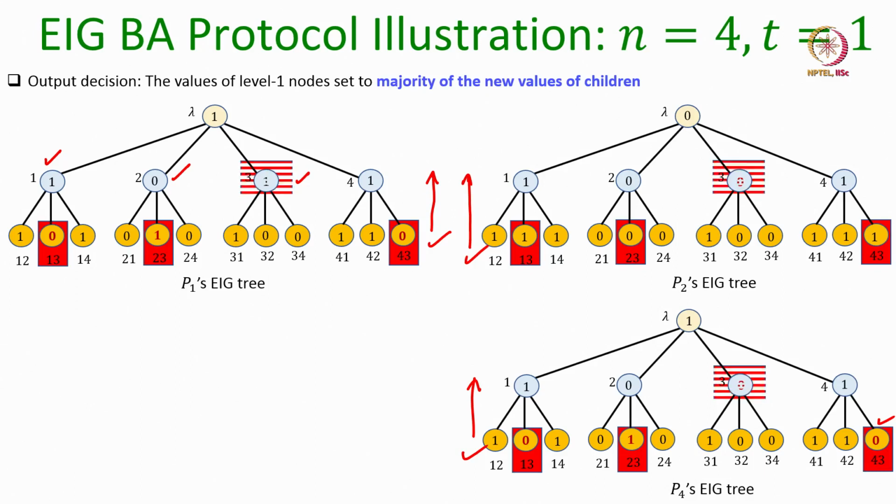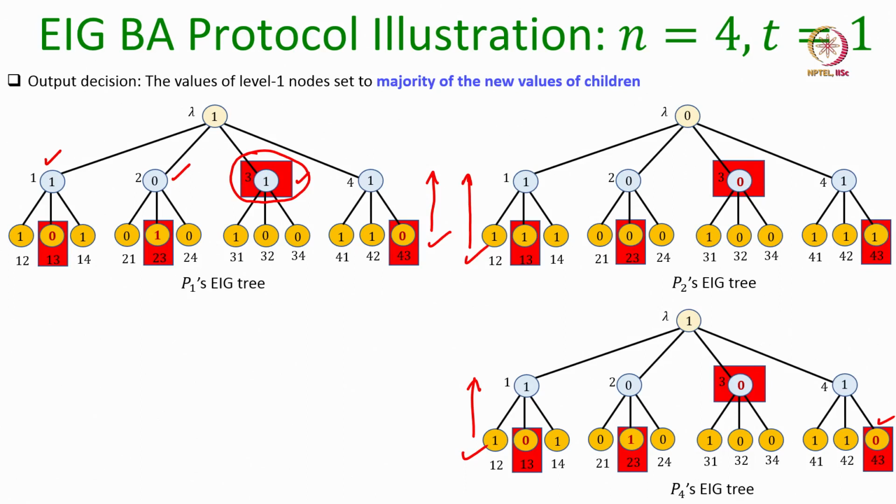Now for this particular node, namely the node with label 3, you see the values which were computed by different parties in their respective EIG trees were different. In P1's copy, the value was 1, in P2's copy the value was 0, and in P4's copy the value was 0.